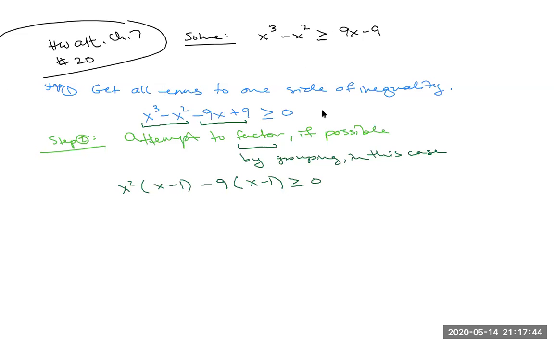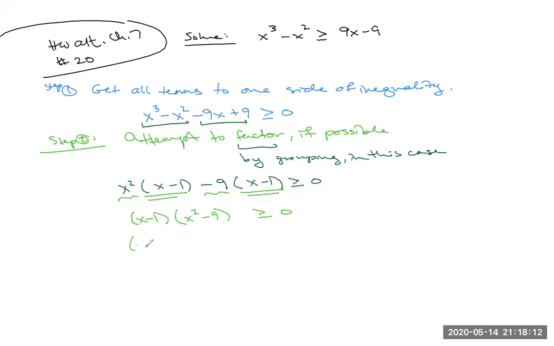Okay, so now remember, we have a GCF of x minus 1. That's common. And then we have this left over. Now, sometimes you'll be done with your factoring, sometimes you won't.